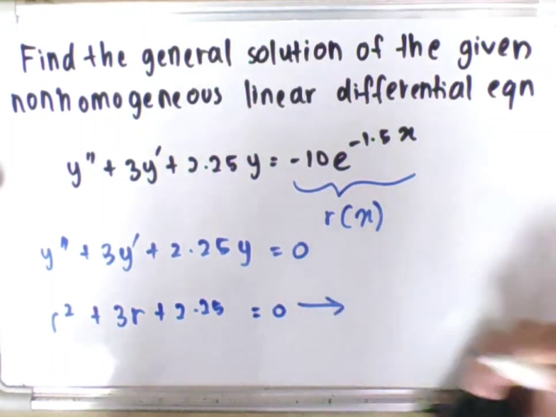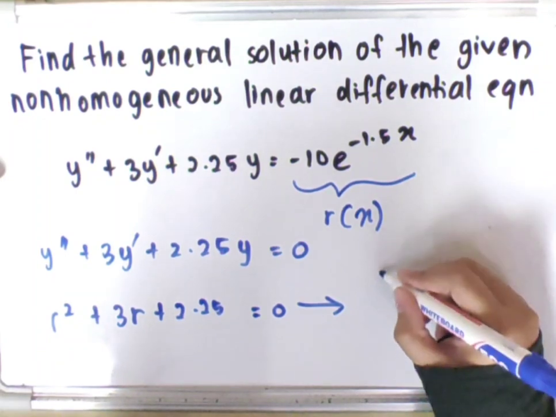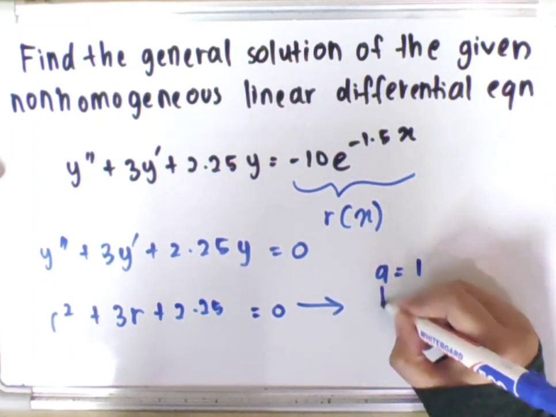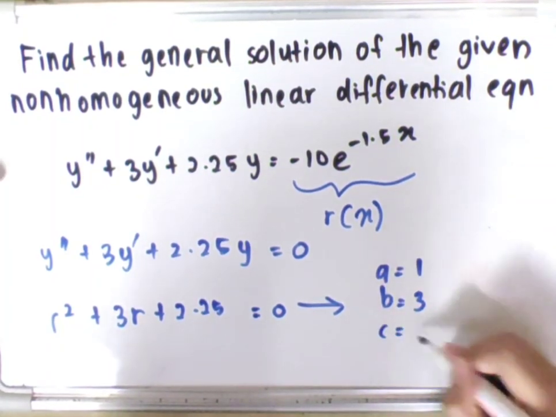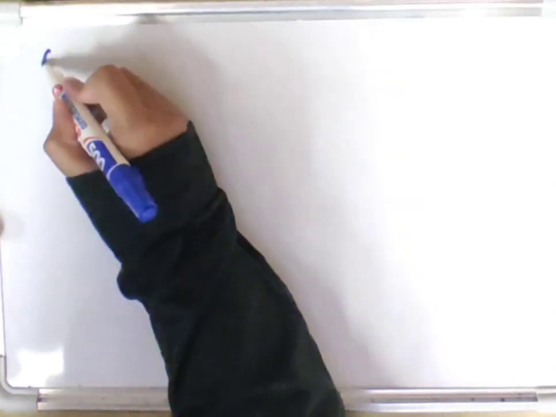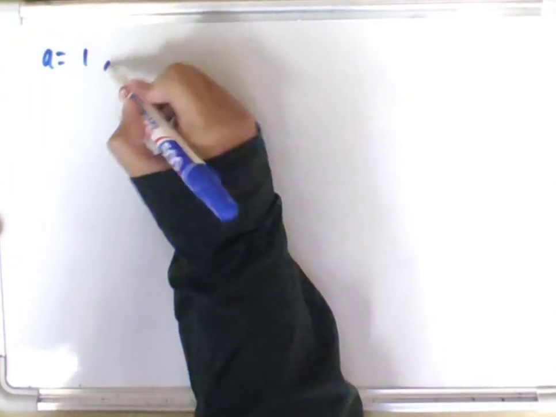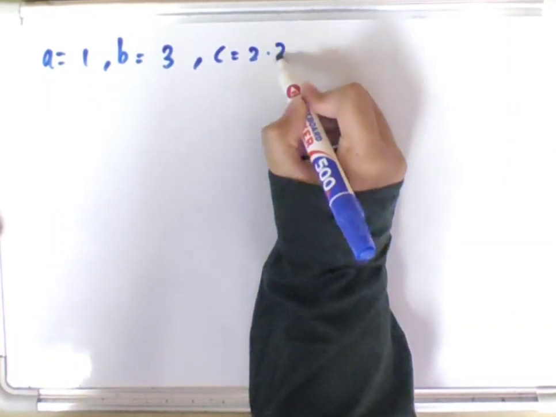In this characteristic equation, we get a equal to 1, b equal to 3, and c equal to 2.25.